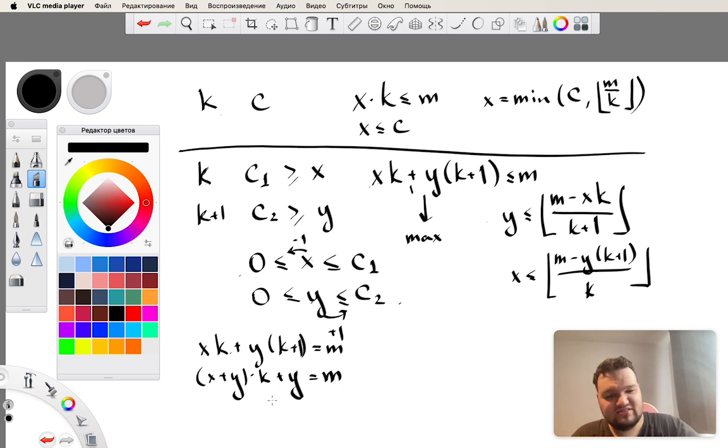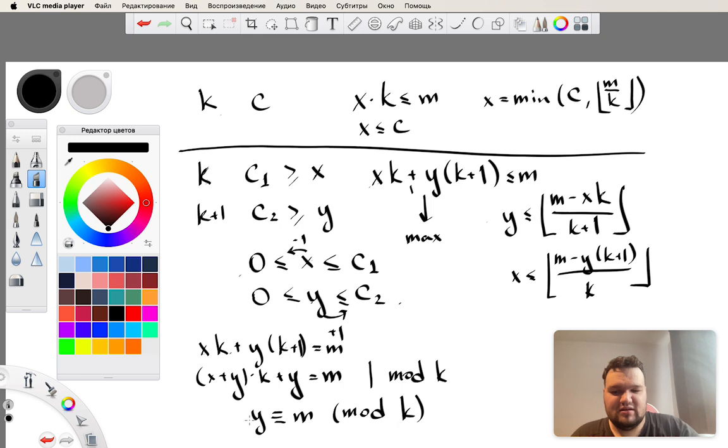We can see that this equation fixes y modulo k, because if we have this equation, we can take it modulo k. So if we take it modulo k, we will get that y should be the same as m modulo k. Okay, so let's try to initialize y as just m modulo k. Then we will see what x plus y should be equal to.